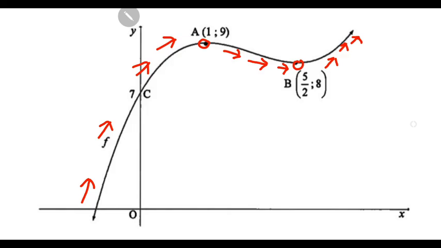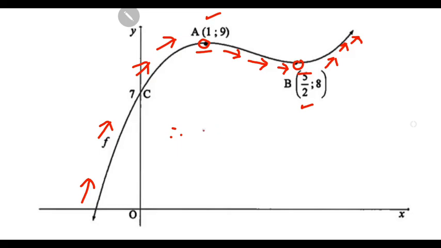So the question says, for which values of x is f decreasing. The function is decreasing between A and B, between these two turning points. The x value at A is 1 and at B is 5/2.